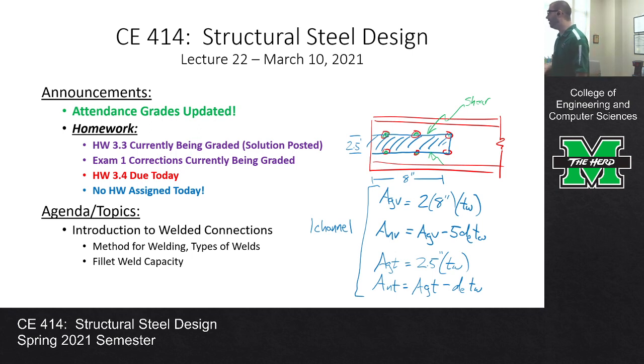Once you get an Rn, you have to take that Rn and double it because there are 2 channels. Then you multiply it by phi, and set that equal to 1.2 dead plus 1.6 live and solve for live. The answer ended up being something like 107 kips. But I'm more interested to make sure that you understand, because it seemed like there were still some folks that didn't get it. Does that make sense?